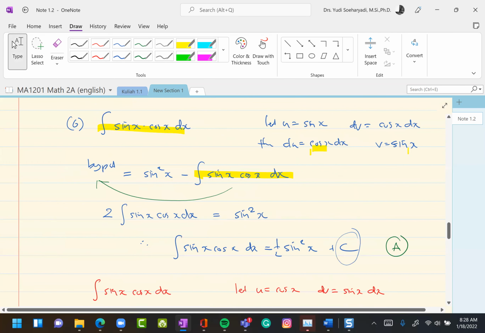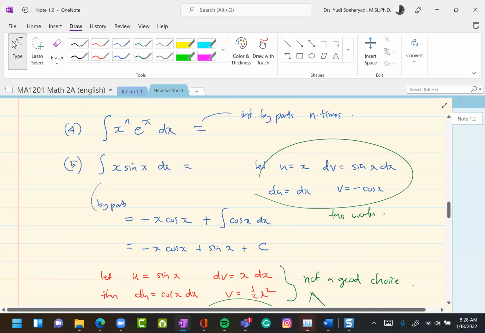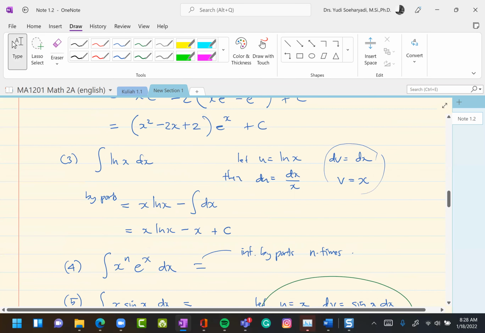Let's see which example. Let me just copy this one here, right? So example 3.